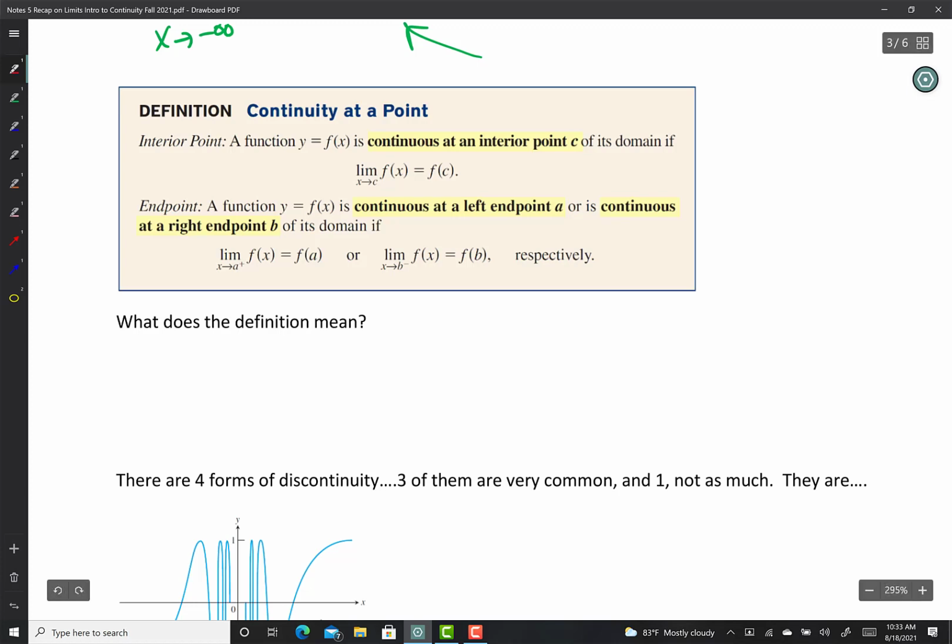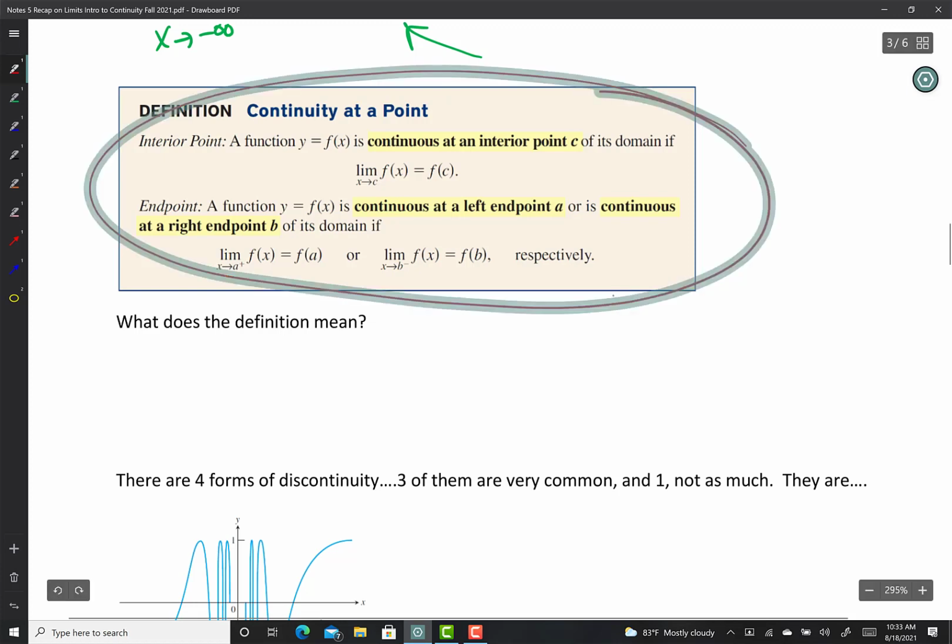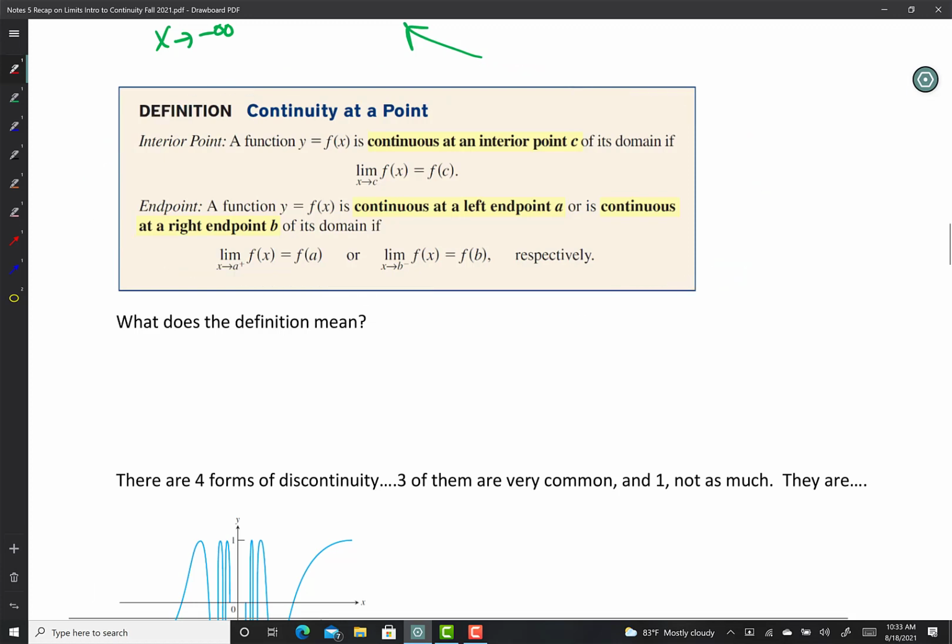What's the real definition? The real definition of continuity is this. Do you guys want to read it and then tell me if it makes sense? I think that one kind of makes sense.